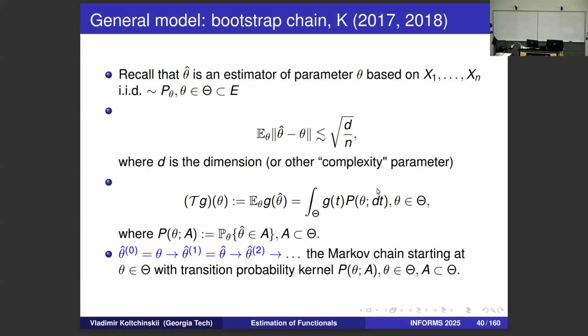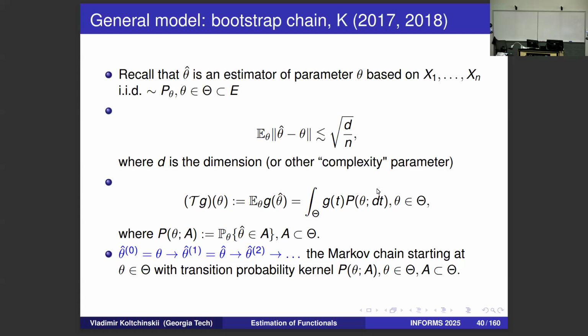You can easily figure out how to implement this chain. Indeed, you start with the initial location of the chain, which is theta. Then you sample n i.i.d. observations from the distribution P_theta and compute the estimator theta hat. This is where the chain moves at the first step.